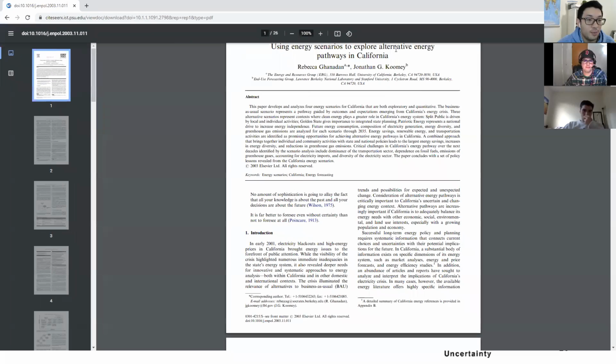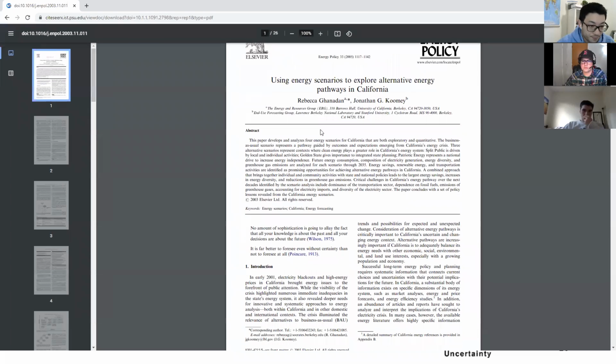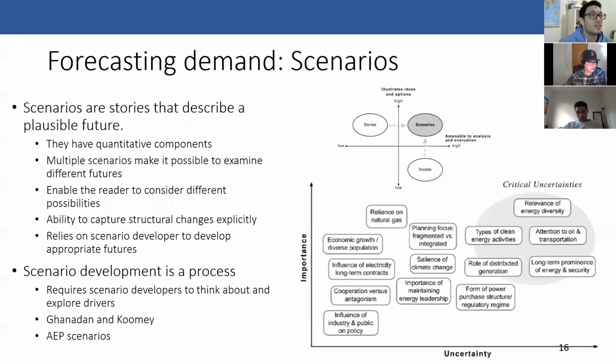This is a paper here, and I think this is a nice example of how these authors came up with a whole set of alternative scenarios that are really different and that can highlight very different outcomes, based on a series of really different scenario outcomes.